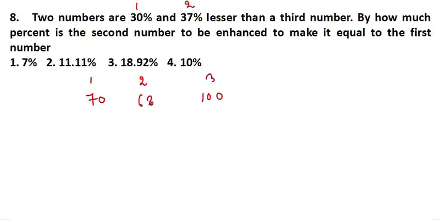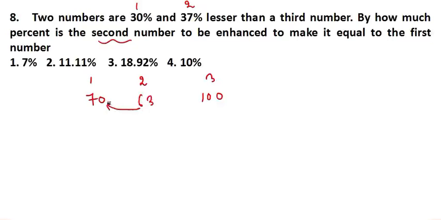63. Now it states that the second number is to be enhanced to make it equal to the first number. If you want to make this second number equal to the first number, by how much percent do you have to enhance?